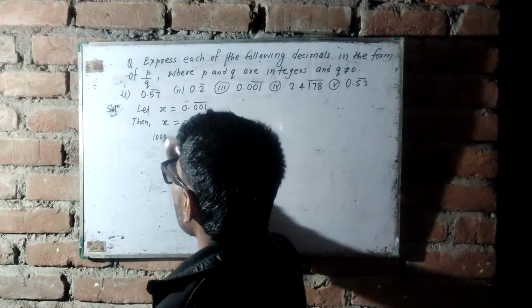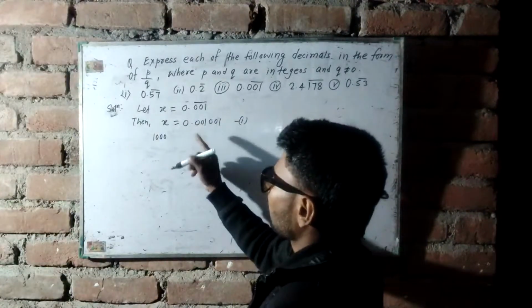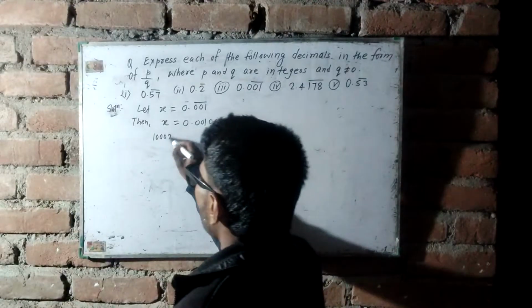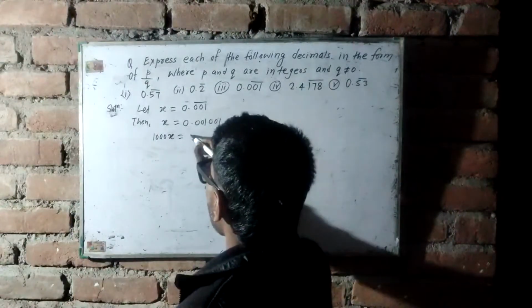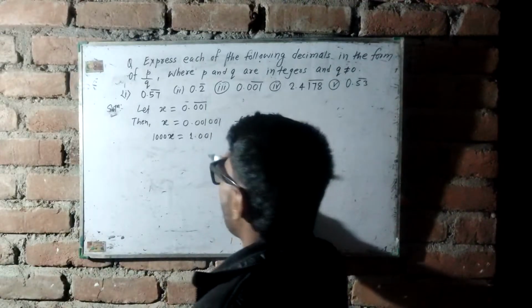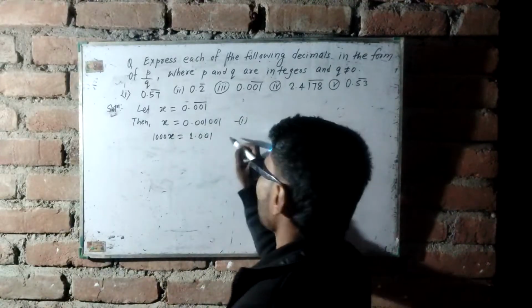So we multiply both sides of equation first by 1000 and we get 1000x is equal to 1.001. Let this expression be equation second.